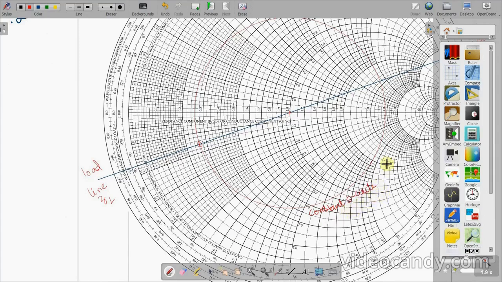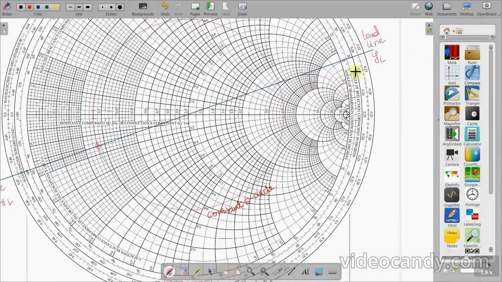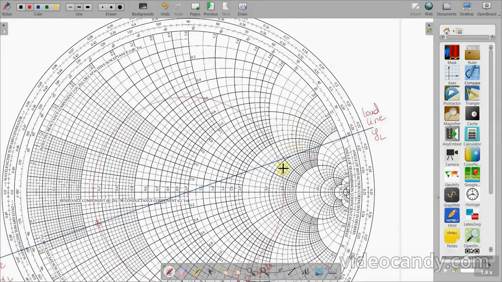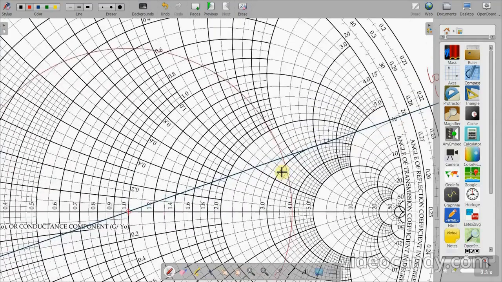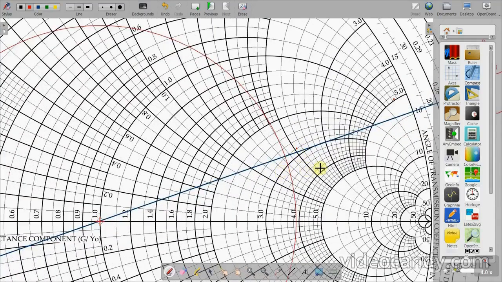This constant S circle cuts the load impedance line on the other side, and the new point is the normalized load admittance.